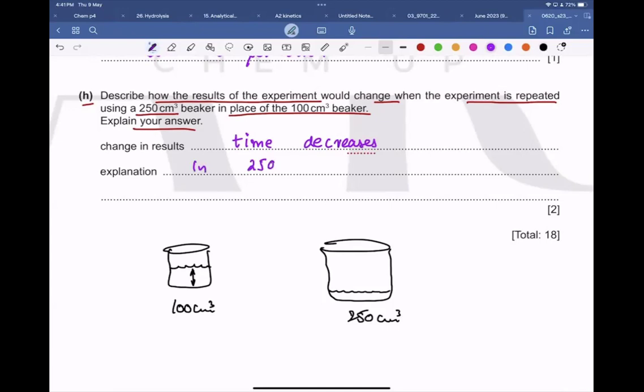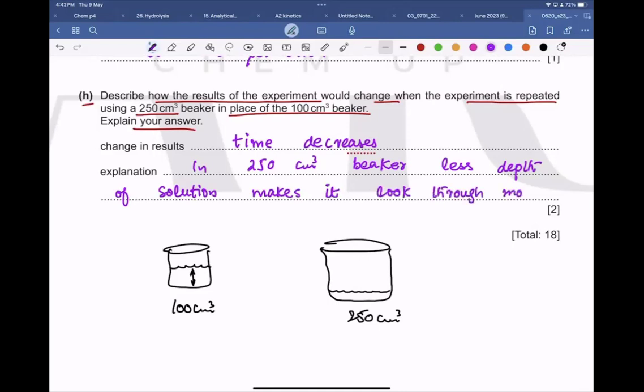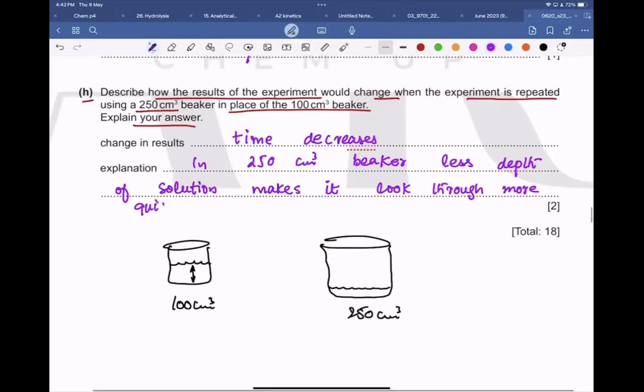So in the 250 cm³ beaker, less depth of solution makes it easier to look through more quickly, because we didn't change the volume of the solutions, right?